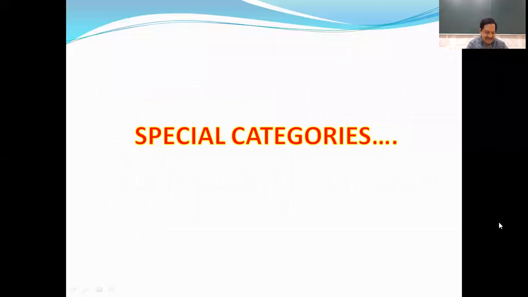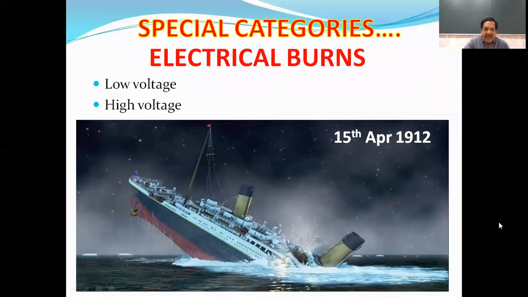Now coming to the special categories, electrical burns. Electrical burns can be low voltage or high voltage, but if you see the picture, on 15th April 1912, what happened is the Titanic, the ship which the engineers boasted will never sink, sank in its maiden journey from Liverpool to New York.